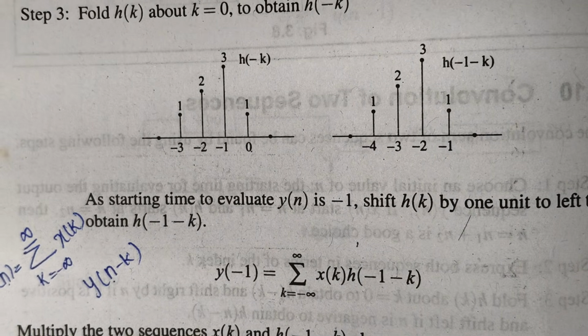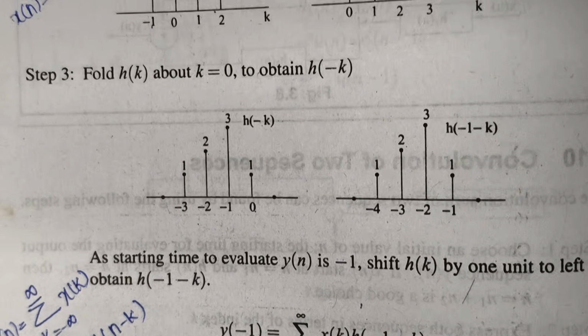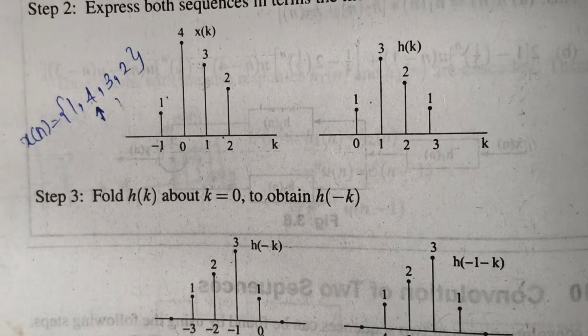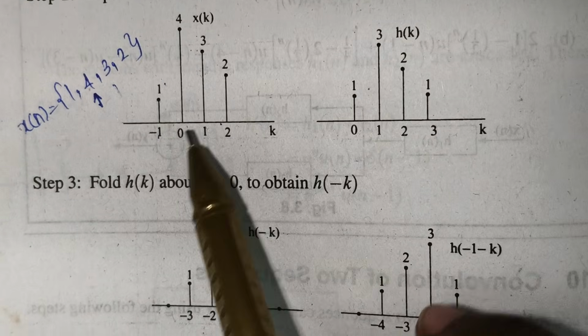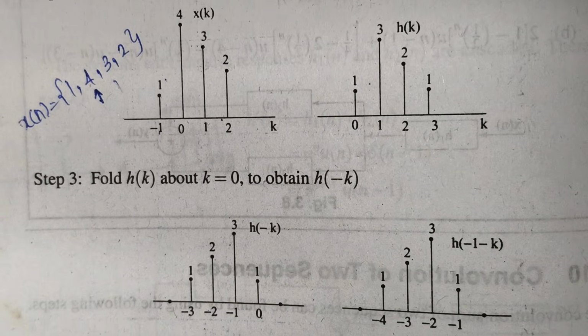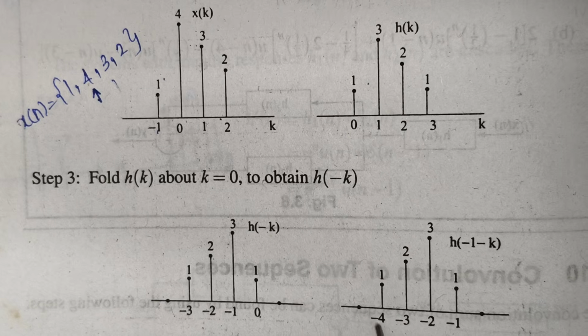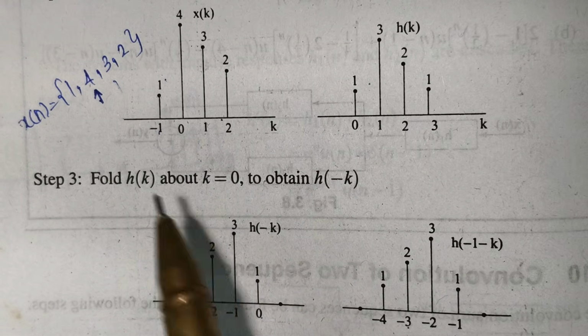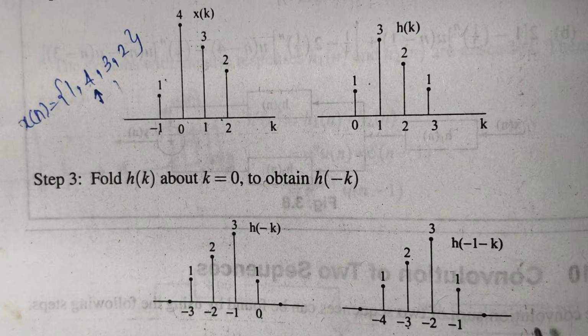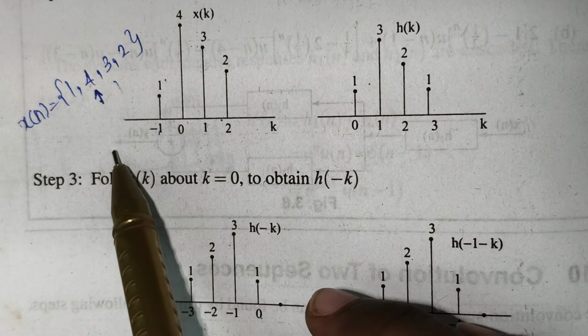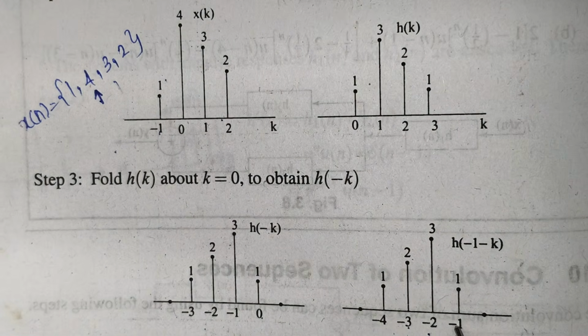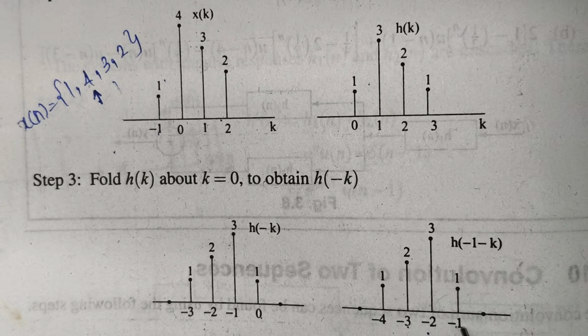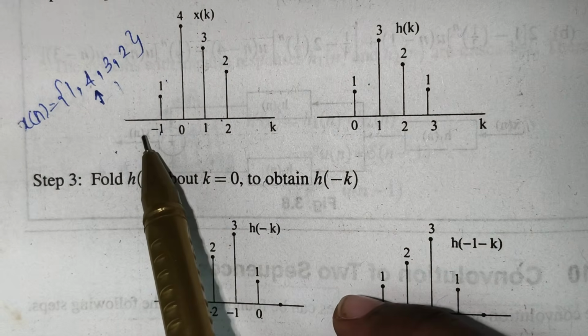Okay. So what I'm going to do, I'm just going to check whether there is any overlap between these two signals. Let me check it here. Starting from minus 4, I don't have a signal here at minus 4. At minus 3, I don't have a signal here at minus 3. At minus 2, I don't have a signal here at minus 2. At minus 1, I have a signal here and I have a signal here.